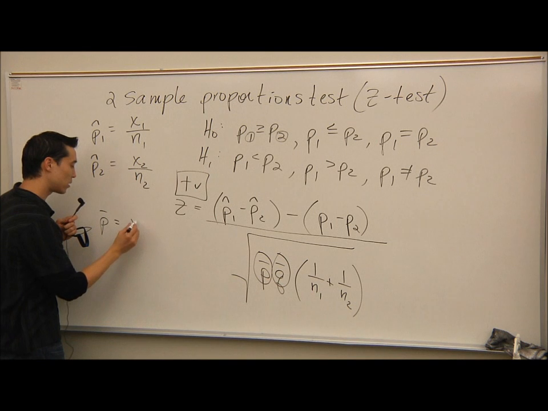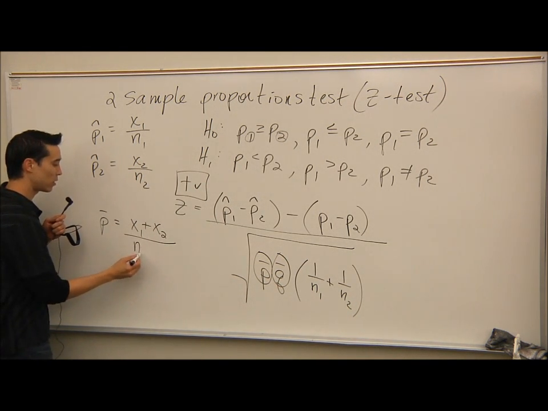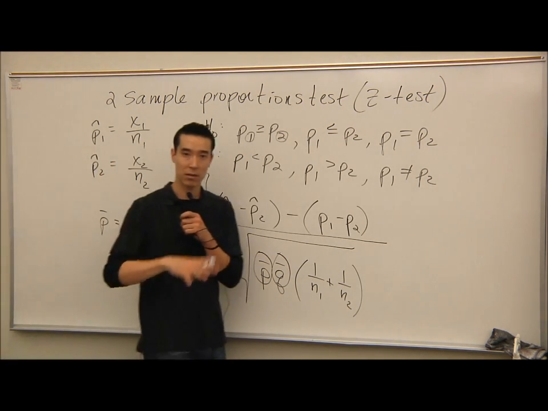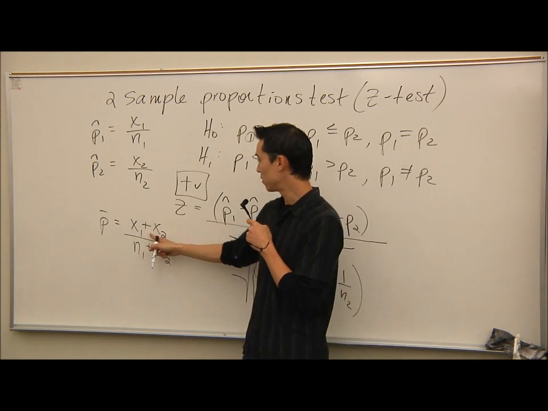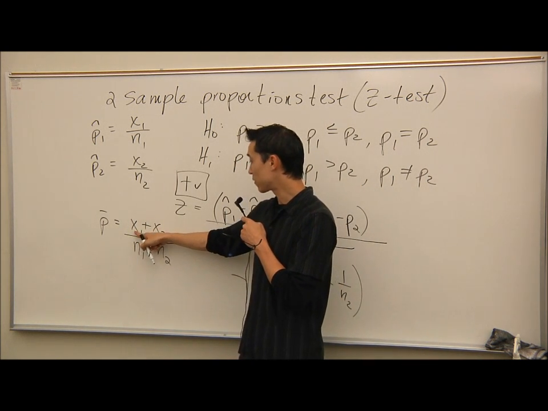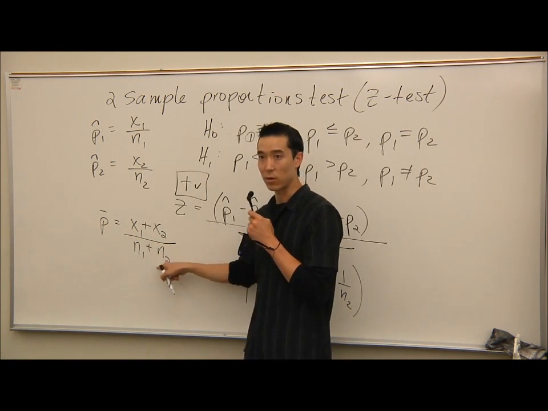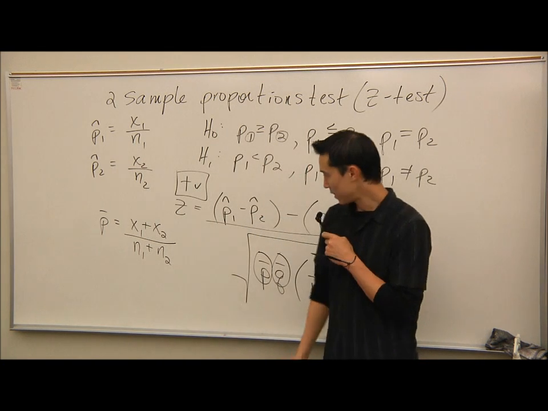So it's going to be x1 plus x2 divided by n1 plus n2. Okay, so you're like putting them all together in one big sample. So if we're doing left-handers, you add all of the left-handers from the first group plus all the left-handers from the second group, divided by how big those groups were sample-wise. Okay? And that's pretty much it.